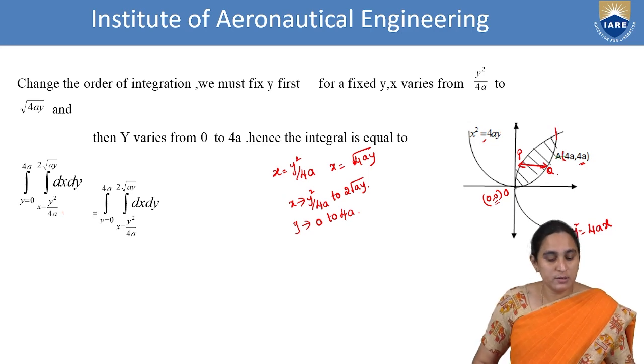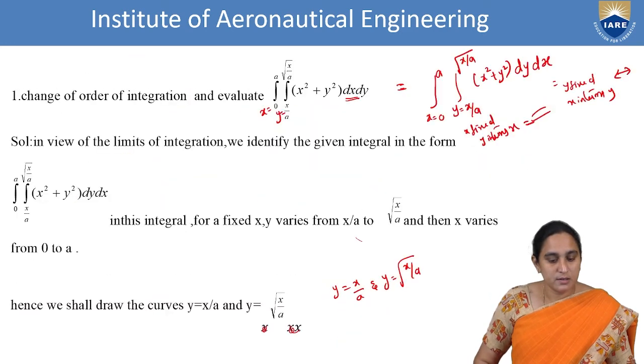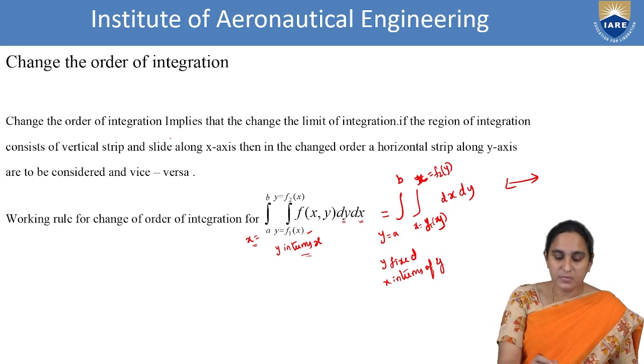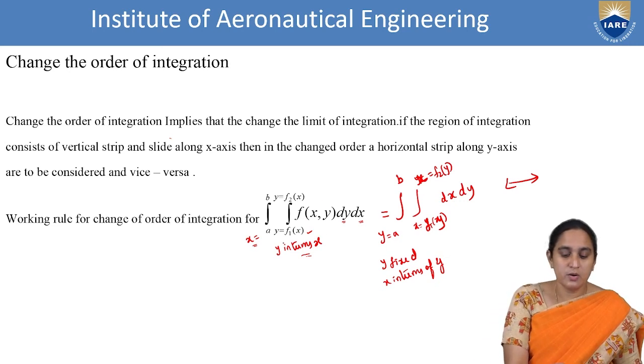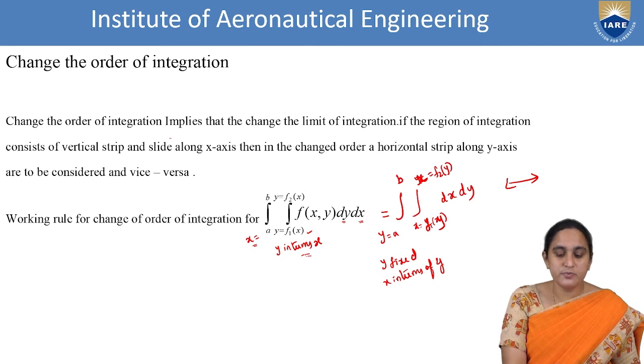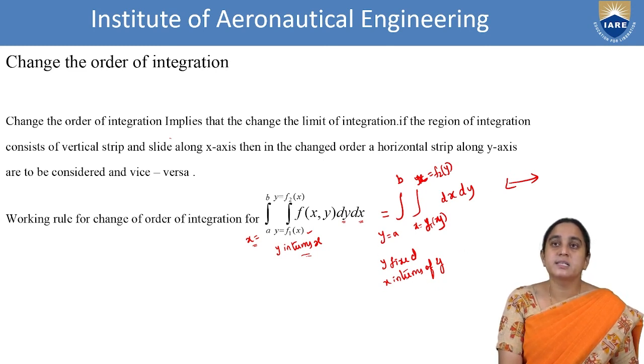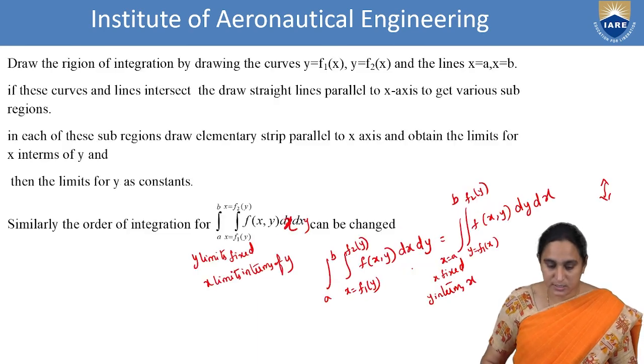Here x is fixed and y is in terms of x, so by using the horizontal step we can take y as fixed and x in terms of y.